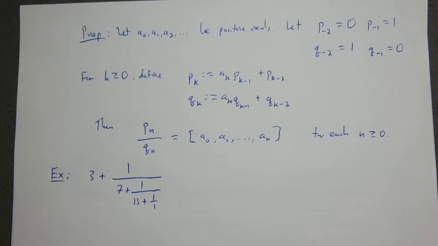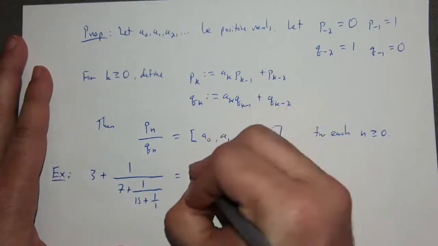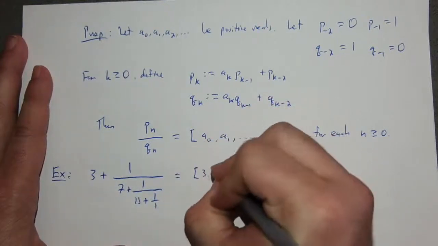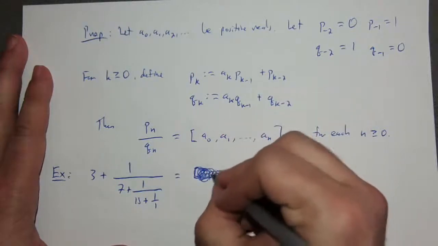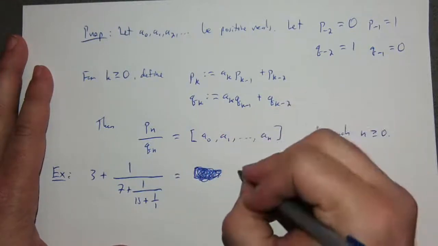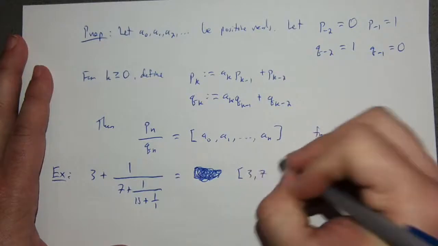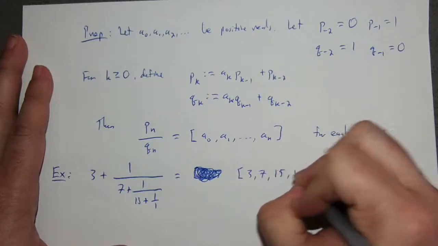Rather than computing it this way, I wanted to say, well, this is in continued fraction notation, it's 3, 7, 15, 1.